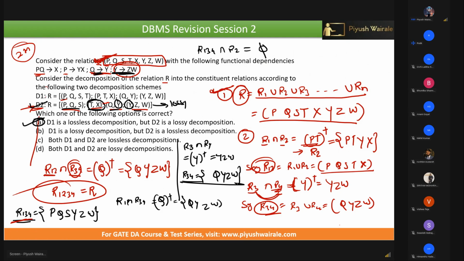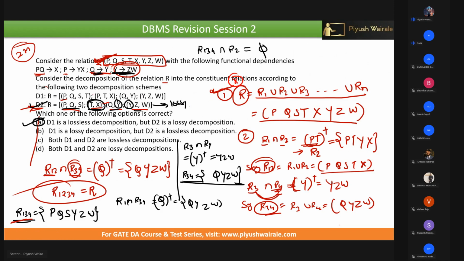In case it doesn't cover all the elements, then it's a lossy decomposition, directly. So we don't need to check any further step. If this is not satisfied, then that's it.